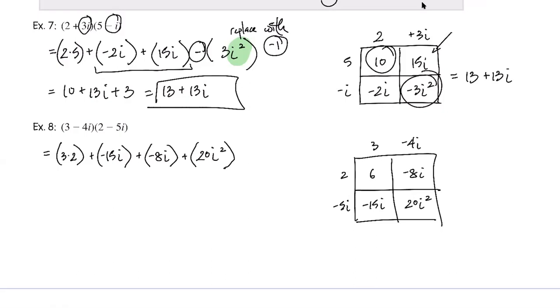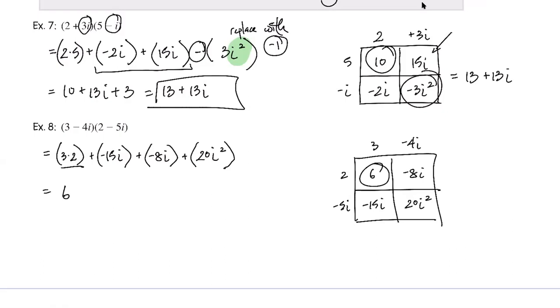So I've kind of set it up both ways, okay? And part of the reason I do that is, even on a test or something, I might want to double check my work, make sure that what I'm doing is accurate. So this just gives me a different way to check over my work. So I can see from here that 3 times 2 gives me the 6. So that's good. That first term matches.